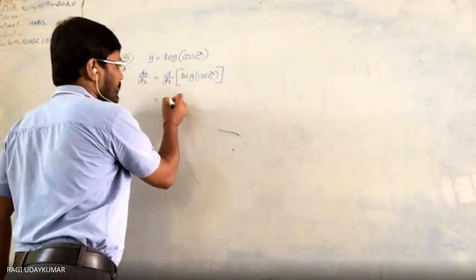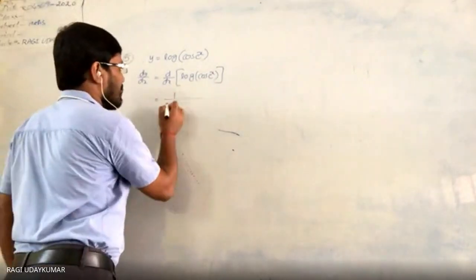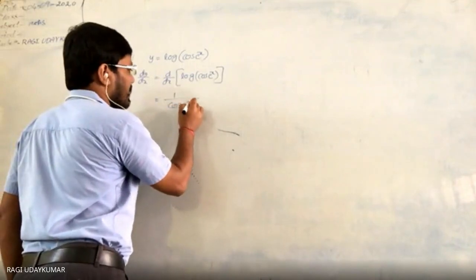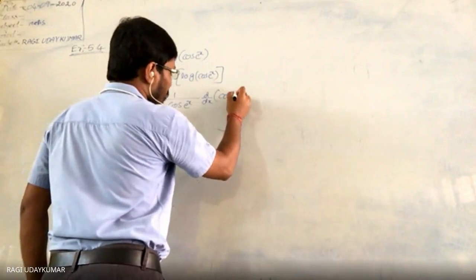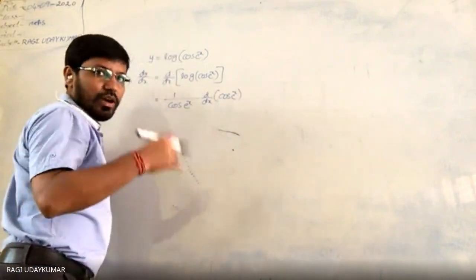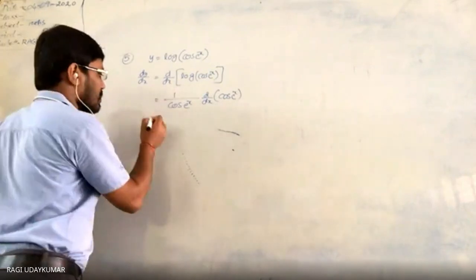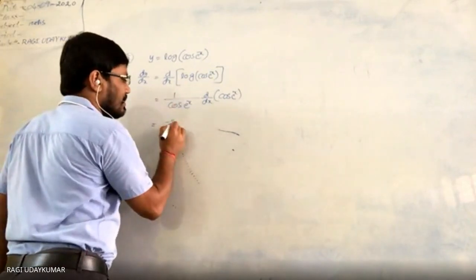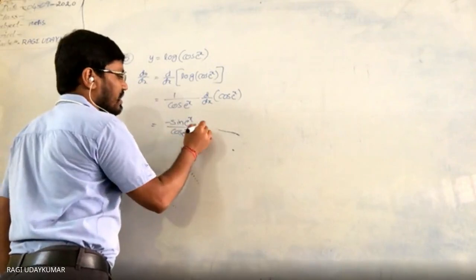So now, what do you get here? Log x differentiation is 1 by x, so 1 by cos e power x, and d by dx of cos e power x. Cos differentiation is minus sin x, which equals minus sin of e power x by cos e power x.